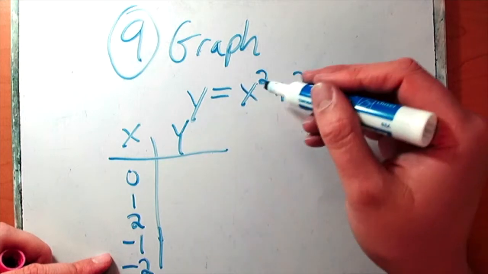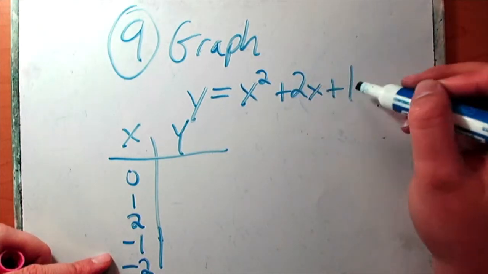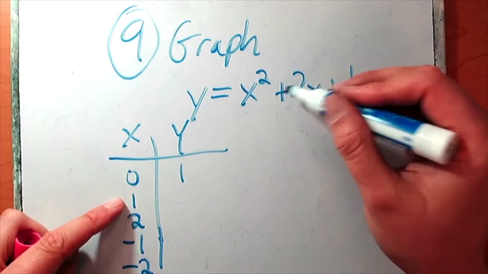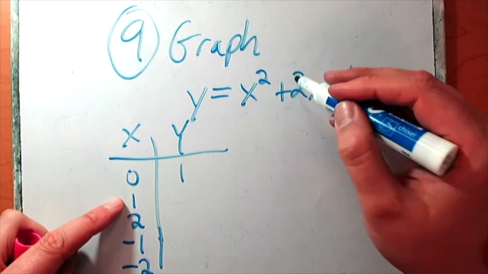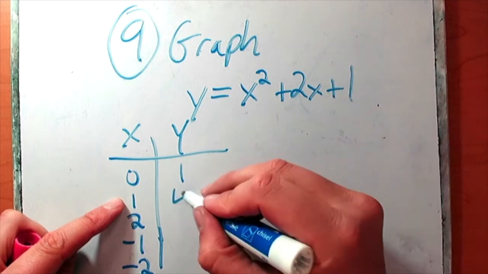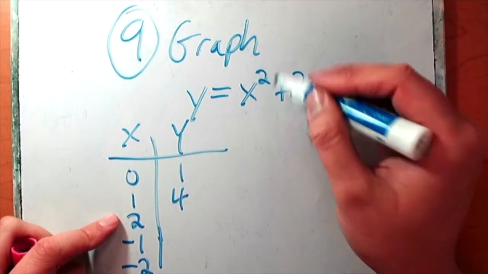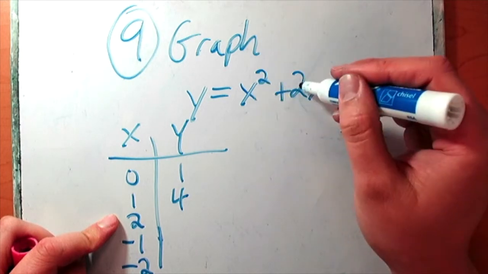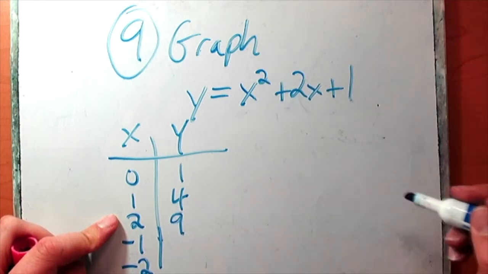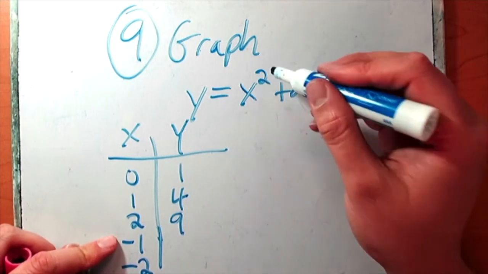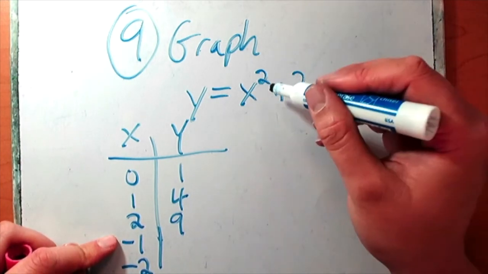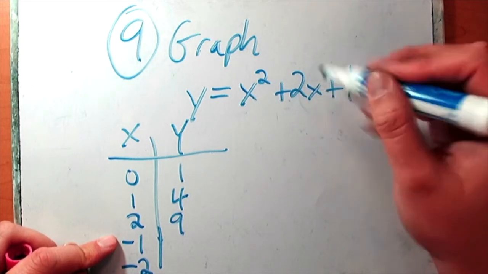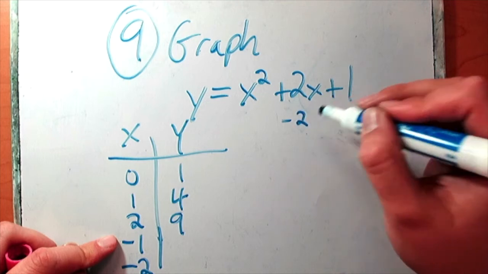So if we plug 0 in, that becomes 0, that becomes 0, this becomes 1. If I put a 1 in there, 1 squared is 1, plus 2 times 1, so that's 1 plus 2 is 3, plus 1 is 4. 2 squared is 4, plus 2 times 2 is also 4, so 4, 8, plus 1 is 9. Now negative 1 squared is just 1, plus 2 times negative 1, so that becomes negative 2.